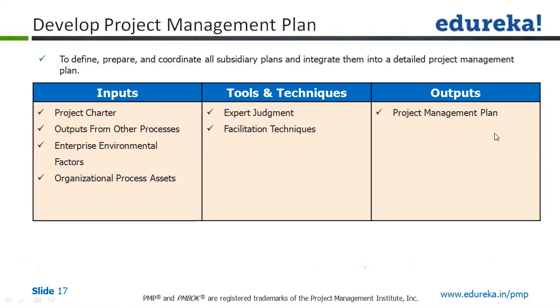Similarly, develop project management plan results in an output of project management plan. And why I am emphasizing the various inputs and outputs is to give you a fair understanding, so that once you know the various inputs and outputs, it will be easy for you to correlate why that process is needed and what that process is all about.